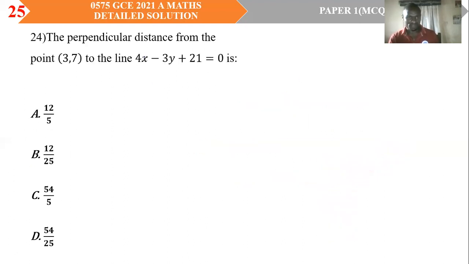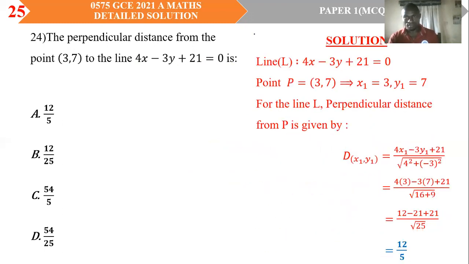Question 24. The perpendicular distance from the point 3, 7 to the line 4x minus 3y plus 21 equals 0 is? Now, solution. The line is such that 4x minus 3y plus 21 is equal to 0. Given the point P 3, 7, we rename it to have x1, which is 3, and y1, 7.